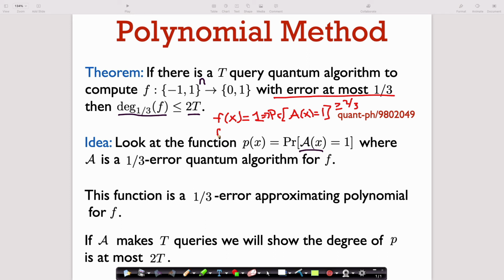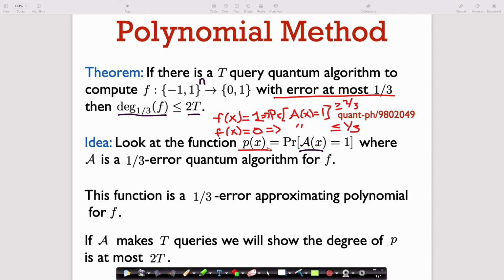On the other hand, if f of x equals 0, then this same probability has to be at most 1/3. So what that means is that this function p of x is actually a 1/3 error approximation of f.